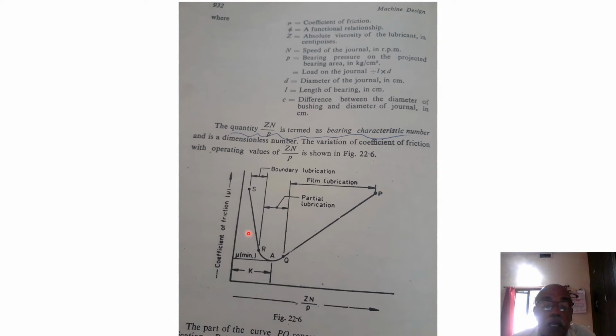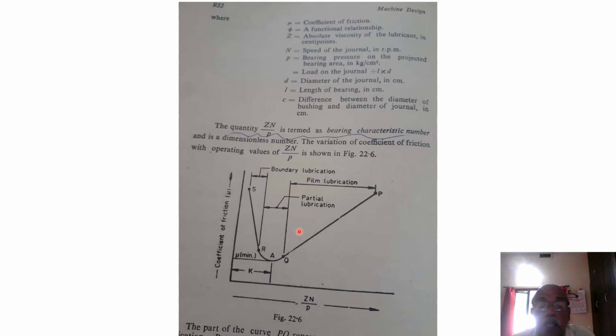This is the first segment. This is the second segment. This is the third segment. Here the viscosity value will be very minimum, so that area is called the boundary lubrication area. In the second area, as ZN by P increases, that zone is called partial lubrication.